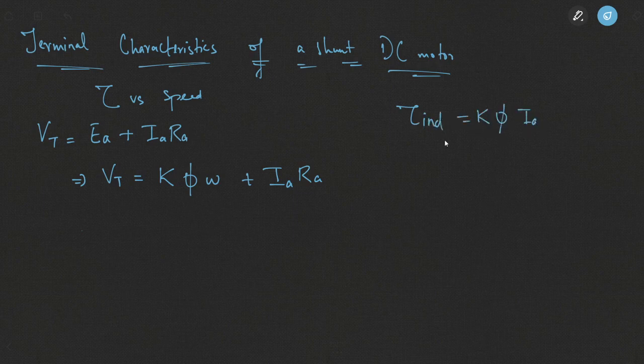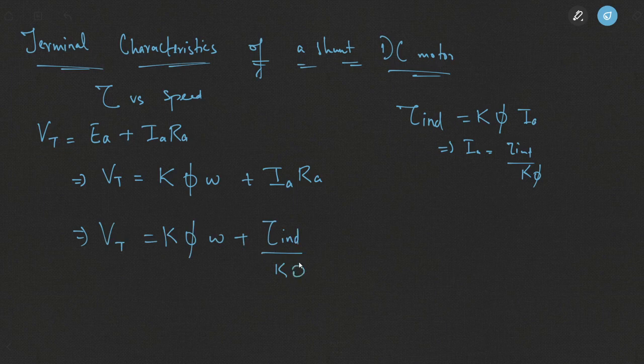So therefore Ia can be written as torque induced divided by k phi. Therefore Vt is equal to k phi omega plus torque induced divided by k phi into Ra. From here we'll find out omega.